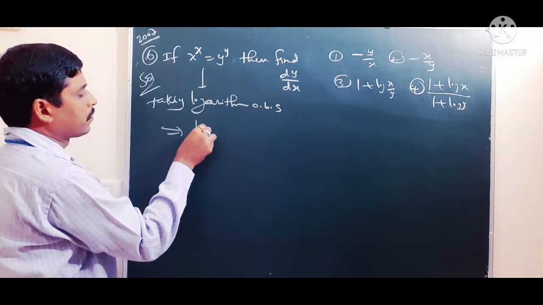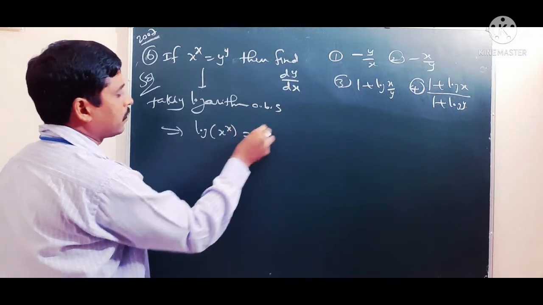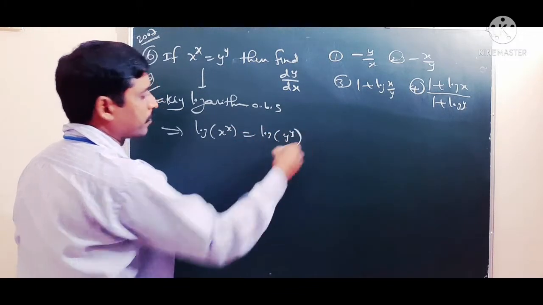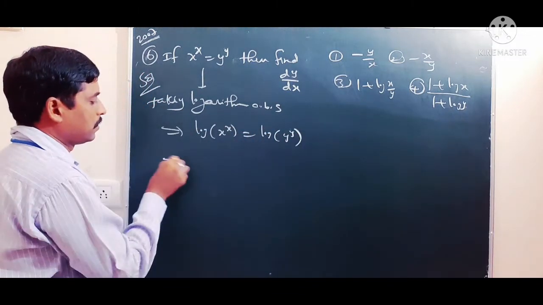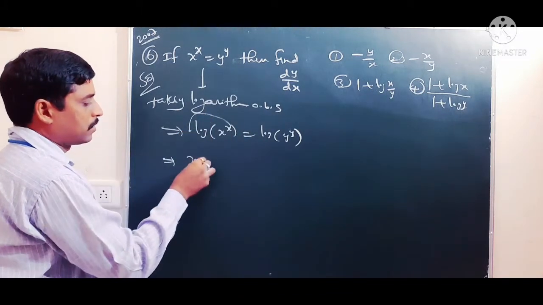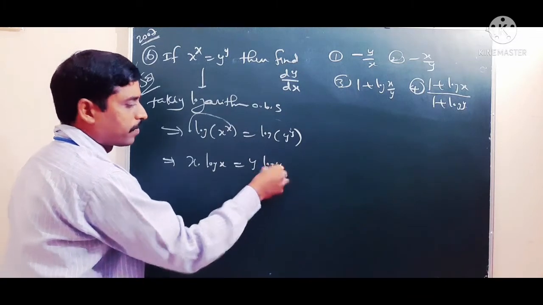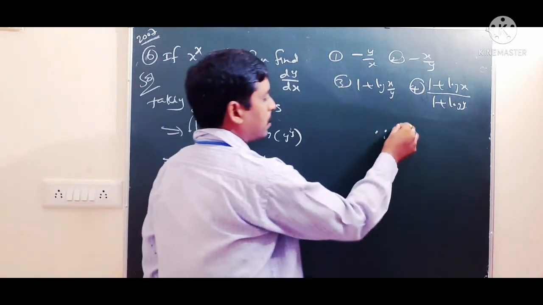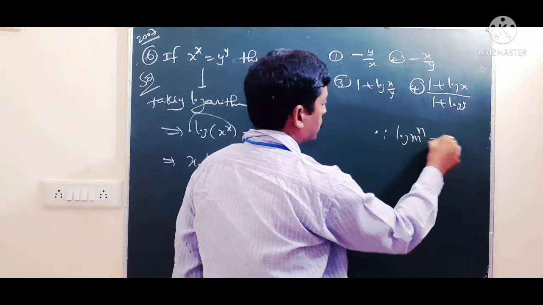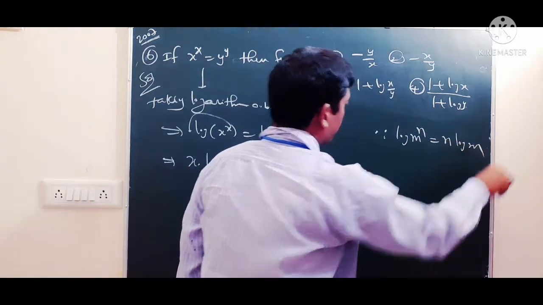So log of x to the power x is equal to log of y to the power y. Okay, this is nothing but x log x, x into log x, is equal to y log y. This is in the form of log m to the power n is equal to n into log m.